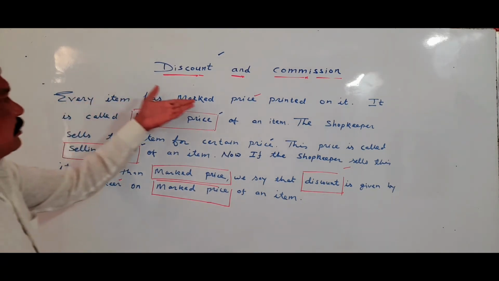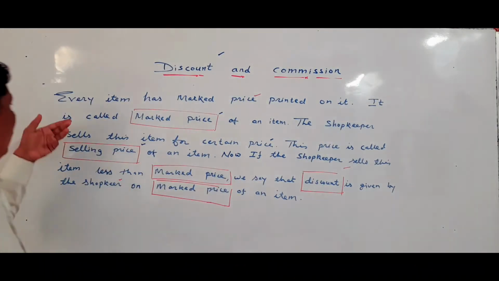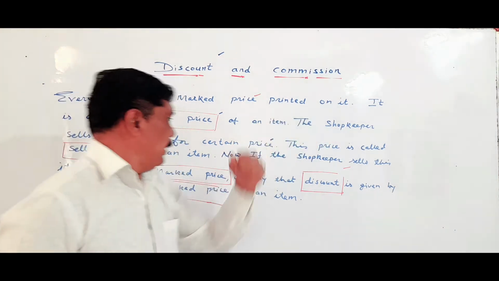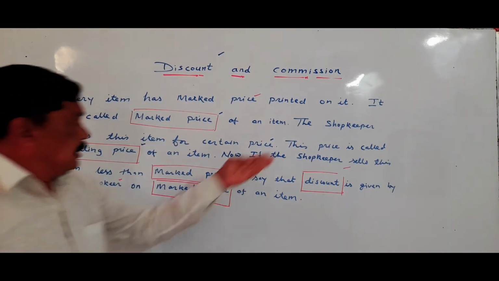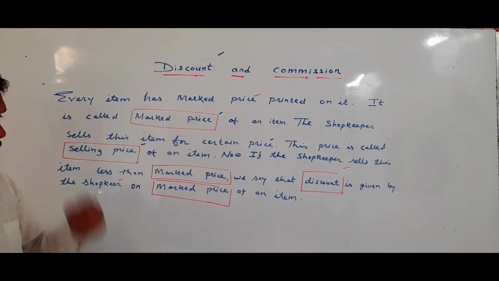Every item has mark price printed on it. It is called mark price of an item. The shopkeeper sells this item for a certain price. This price is called selling price of an item.